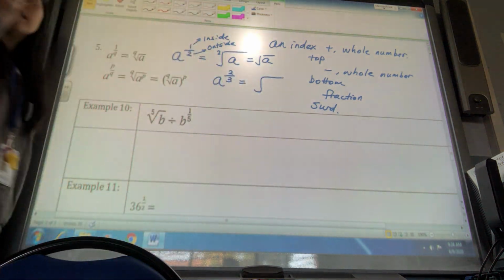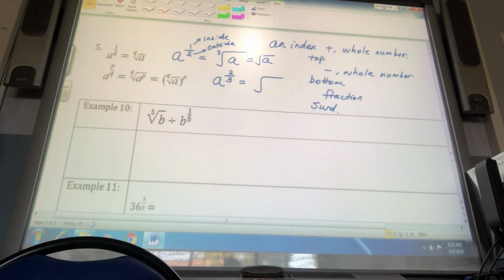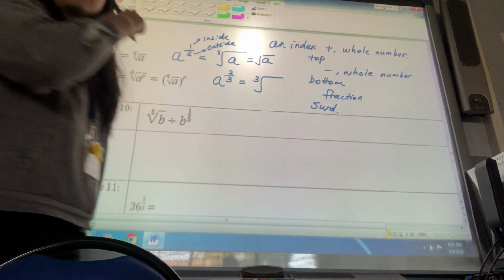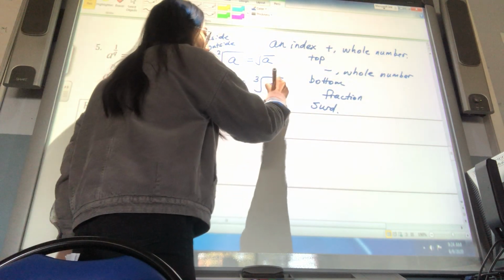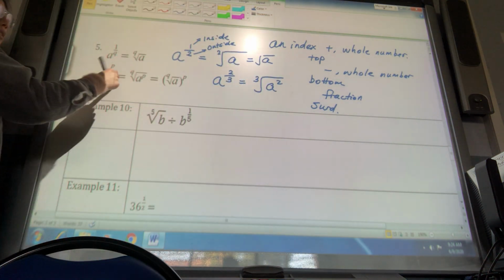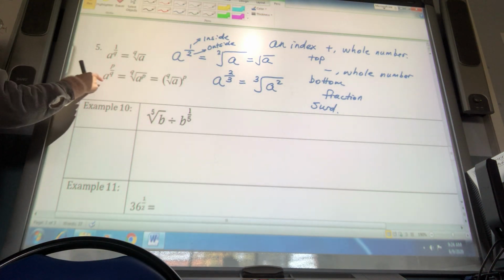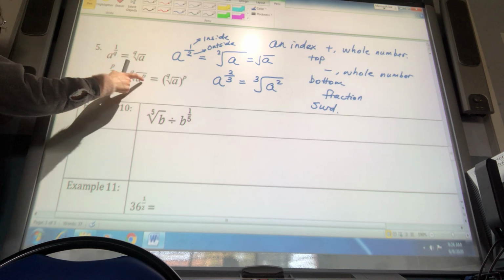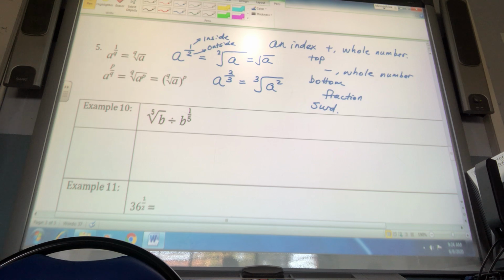What is outside? 3 is outside. Whatever that's on the bottom is outside, and inside you have a to the power of what? 2. So that's actually the second rule. If you have P over Q, P stays on the inside, Q stays on the outside.